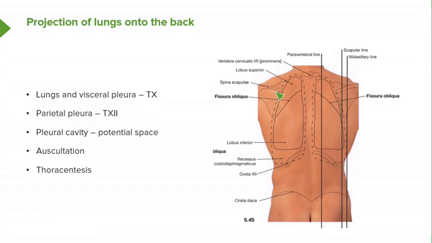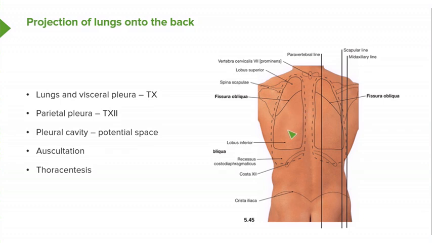And so if you want to listen to the lungs and you want to listen to the superior lobe versus the inferior lobe, you can use the spine as an important anatomic landmark. So if you're at the spine or above on either side, you can listen to lung sounds emanating from the superior lobes of either the right or left lungs.